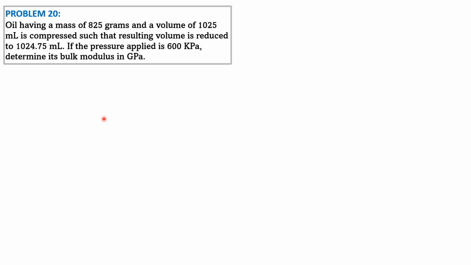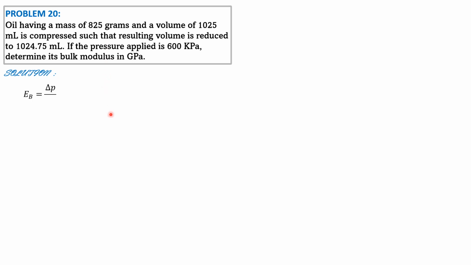So let's define bulk modulus of elasticity here as the change in pressure over the relative change in density, where the relative change in density is change in density over initial density, and density is mass, which remains constant, over volume.